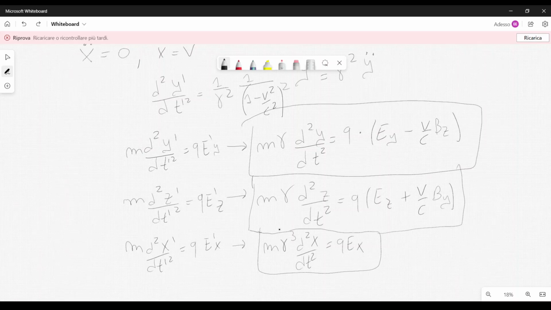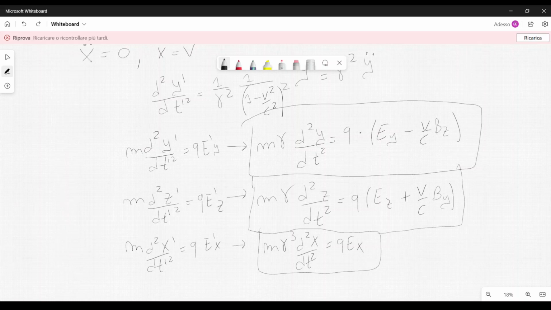Actually, we could define, in principle, just like Einstein did in his 1905 paper, two different masses, because one mass is m gamma cubed in one equation, and in the other equation we have m gamma. So one is the so-called transverse mass, and then we also have the longitudinal mass, which is something that physicists abandoned quite fast because it's not really useful to use the concept of relativistic mass in this manner.